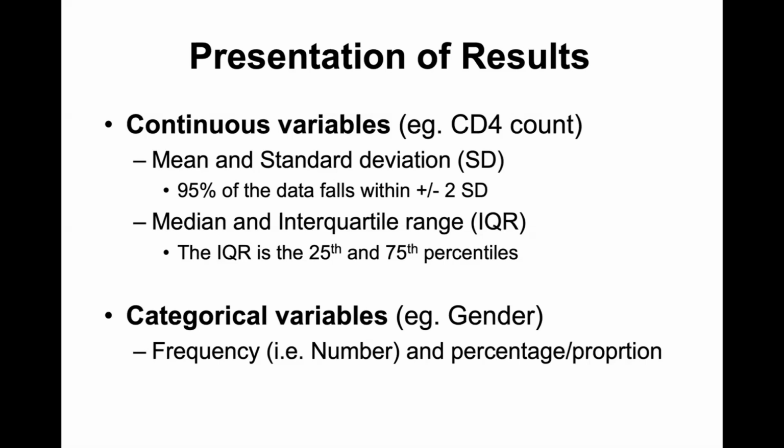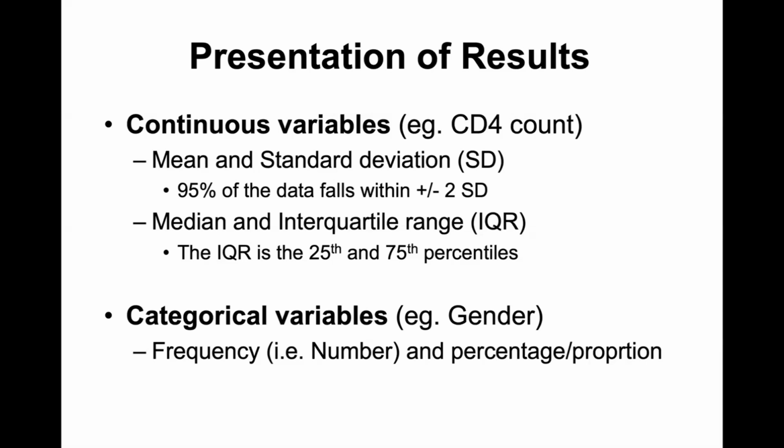If you do report mean, you have to report it with a standard deviation. One of my pet peeves is seeing conference abstracts that report a median with no interquartile range, or a mean without a standard deviation. They almost mean nothing without that context.